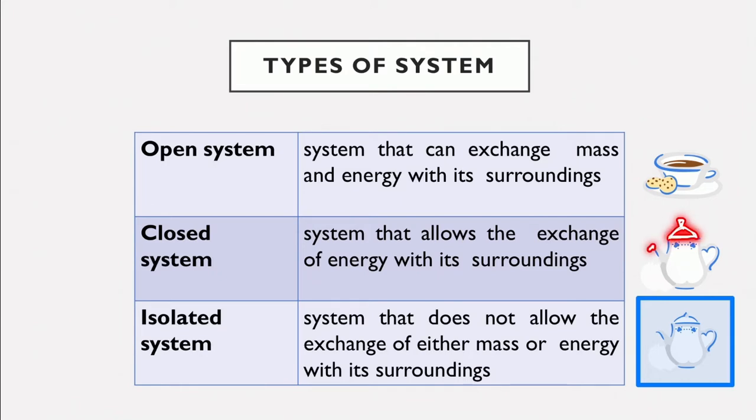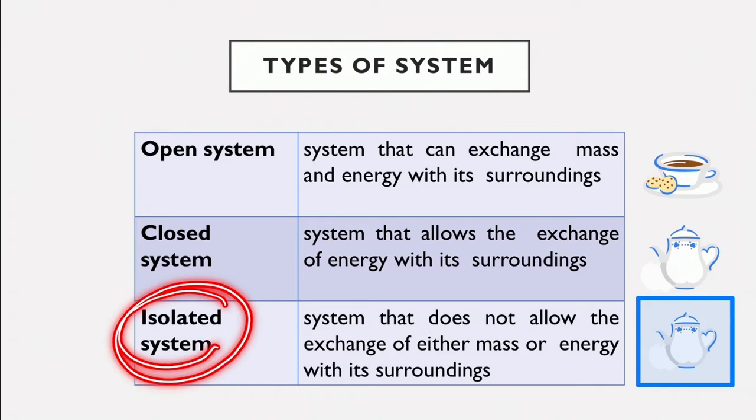In this case, your heat energy can still be transferred out to the surrounding from your system. But the mass, the tea inside here, is not being exchanged, because we closed our teapot. So this is a closed system.